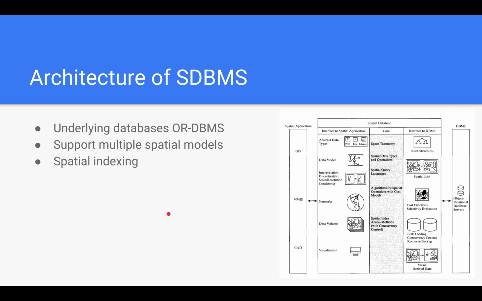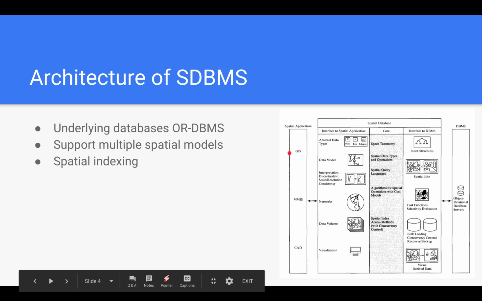Now we'll talk about the architecture of the Spatial Database Manager system. We can build a spatial database based on an object relational database. In this picture, from left to right, we can see the spatial database application.